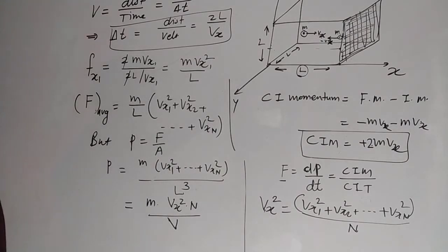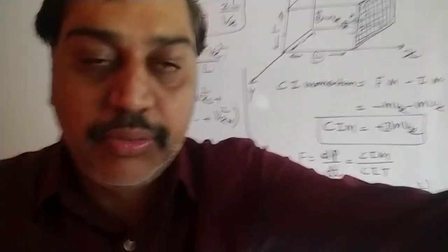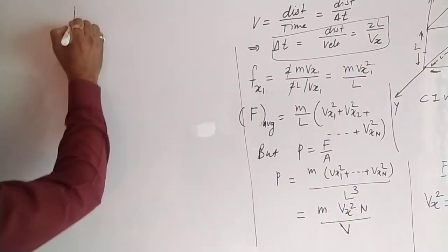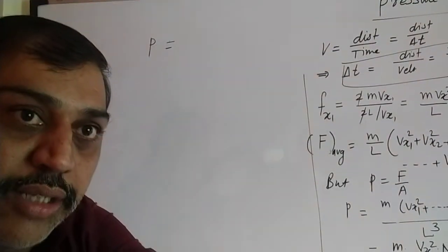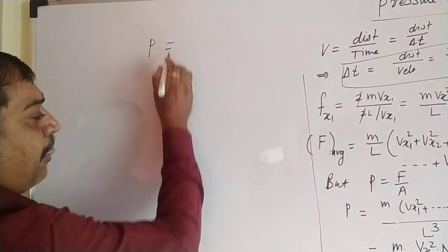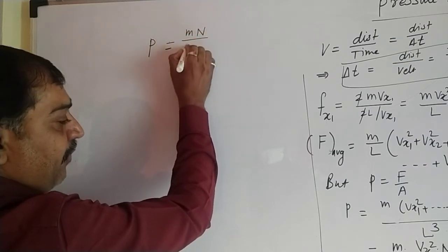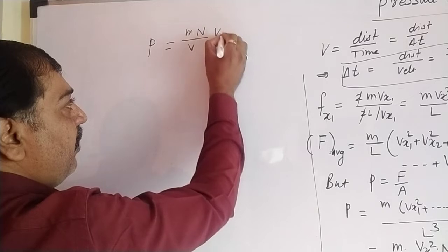So what they have done with this equation, they have just written it further. I will write it on this side again, and we'll make one column here. Write down the pressure P equal to m into n divided by V into Vx square.